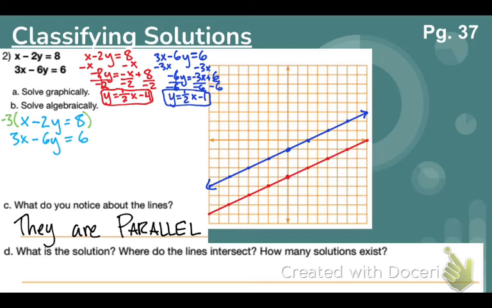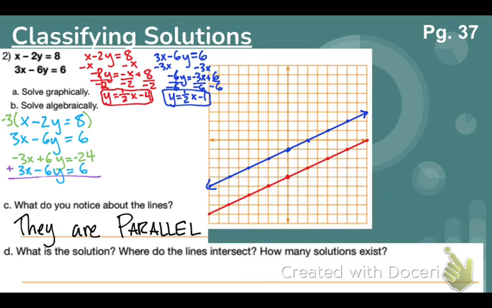Sean, why -3? Yeah, so we had +3x on the second one, and we want to get the top one to be -3x. So we have -3x plus 6y equals -24, and 3x minus 6y equals 6.